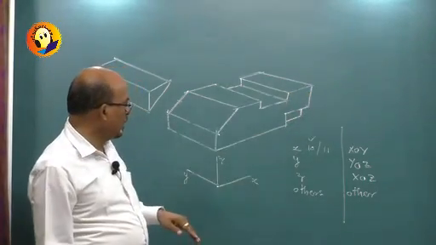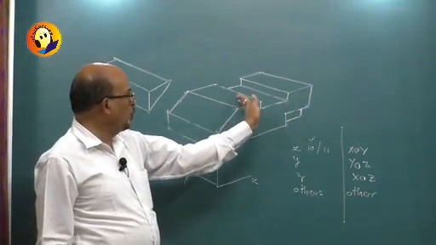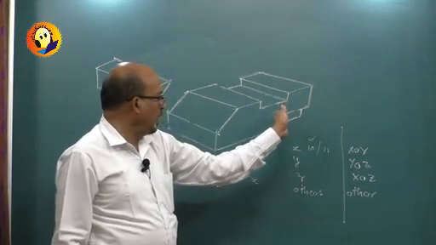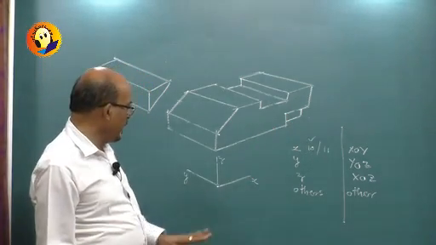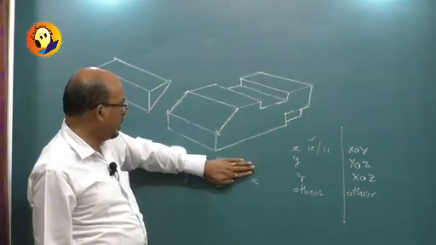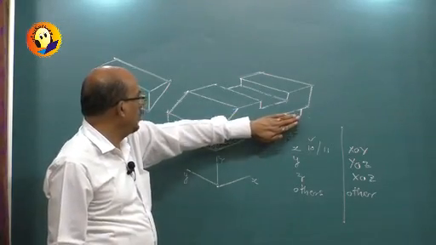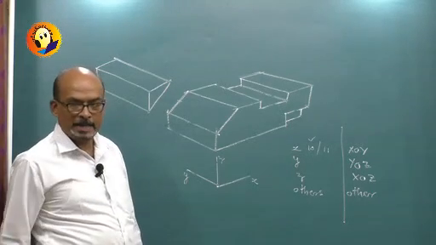Then y o z: 1, 2, 3, 4 and 5. Then x o z: 1, 2, back 3, others 1.